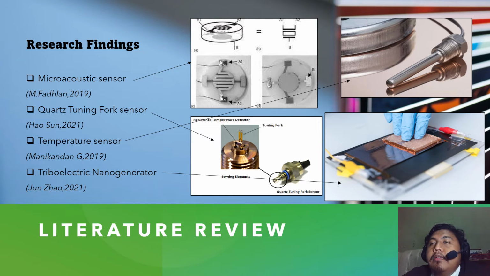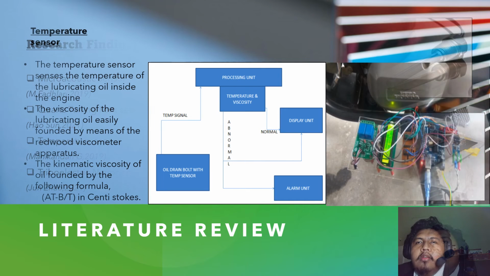The third one is the temperature sensor by Manikandanji in 2019, and the last one is the triboelectric nanogenerator by Junzhou in 2021. The figure shows the picture of every sensor that has been used in the research findings.